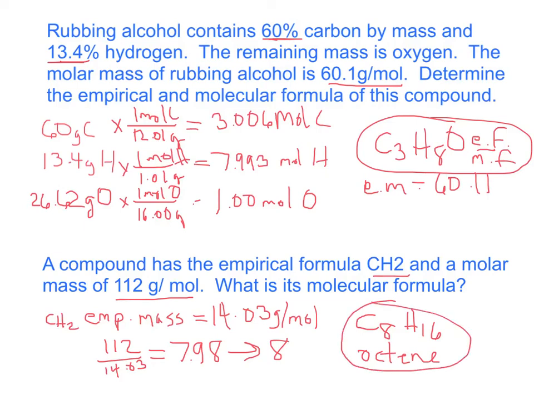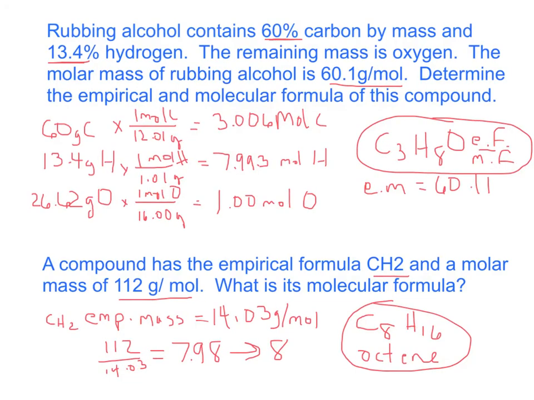So that's the basics of the problem. There are more steps involved here, but it's a process. Percent to mass, convert mass to moles, divide by the smallest of the moles in order to get the whole number subscripts. There's your empirical formula. These are very mechanical.